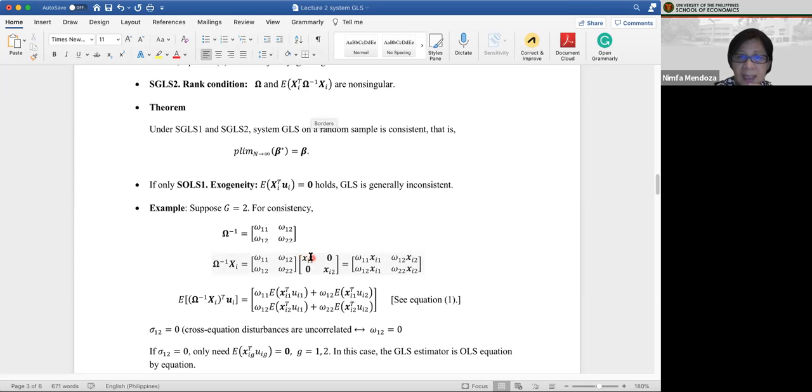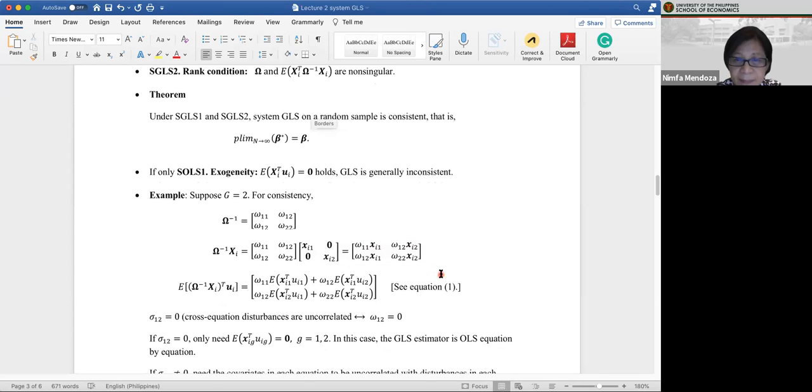X sub I1 is the row of explanatory variables for the first equation, and X sub I2 is the row of explanatory variables for the second equation. If we multiply these two matrices, we get this. You can easily do the matrix multiplication.